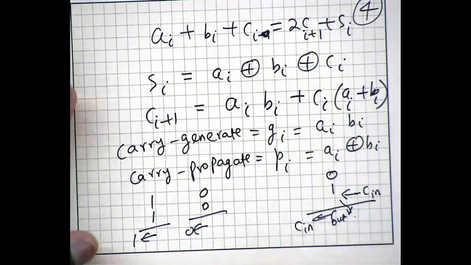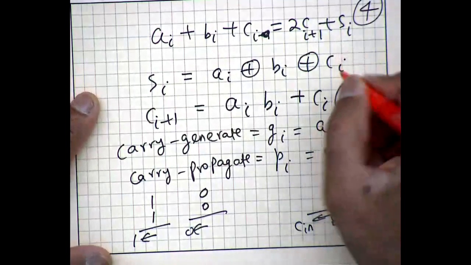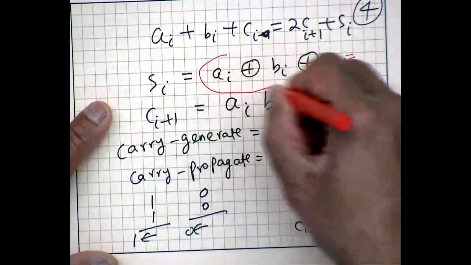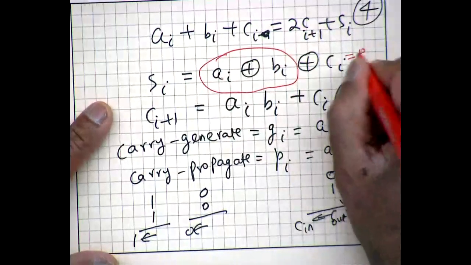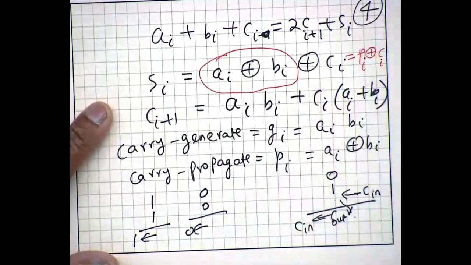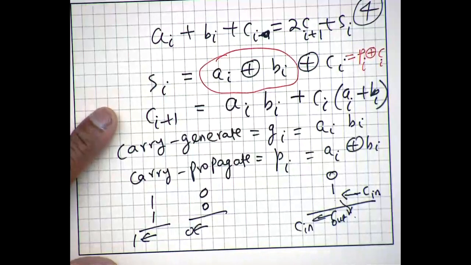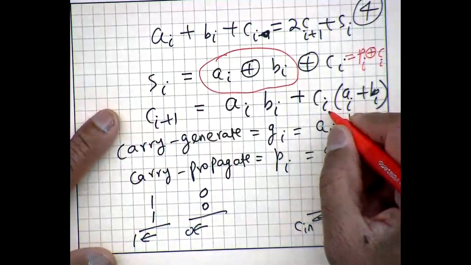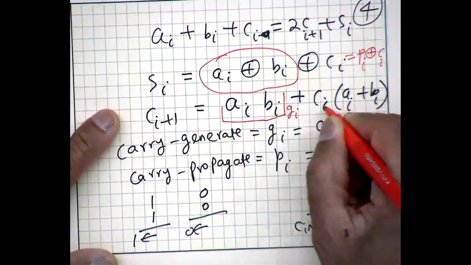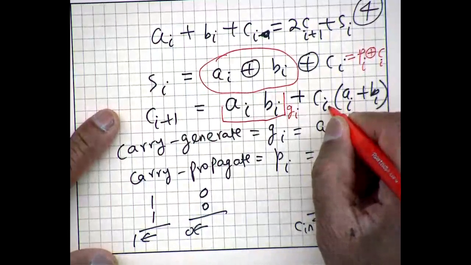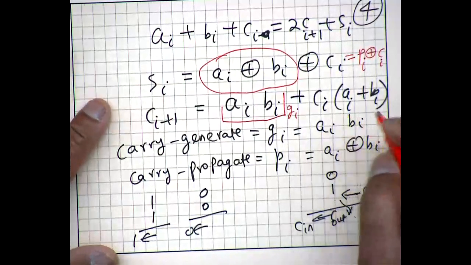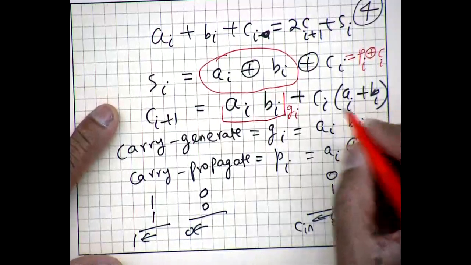Now using these equations, I can say that Si can be written as Pi exclusive or Ci, and it turns out that Ci plus 1 can be written as Gi plus Ci times Pi.